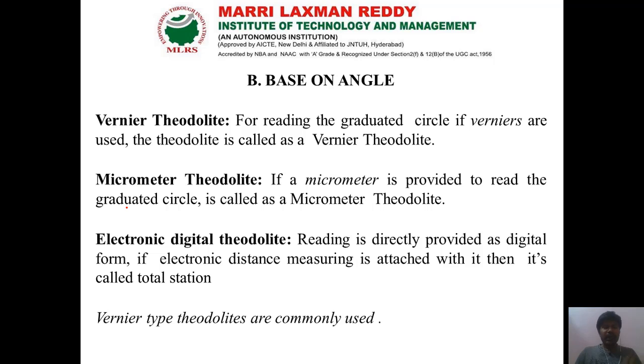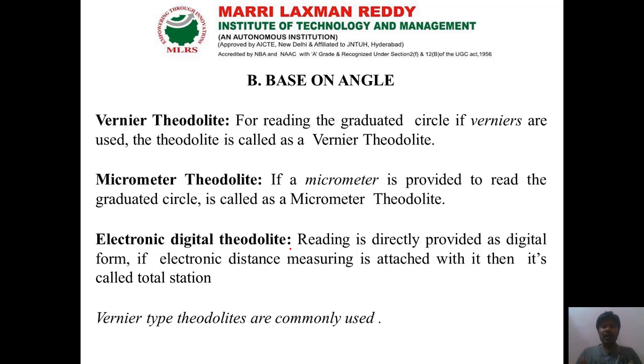Then micrometer theodolite. If a micrometer is provided to read the graduated circle, then that kind of theodolites are called micrometer theodolite. Then the third one, electronic digital theodolite. Instead of reading ourselves, the reading is displayed directly in digital form.